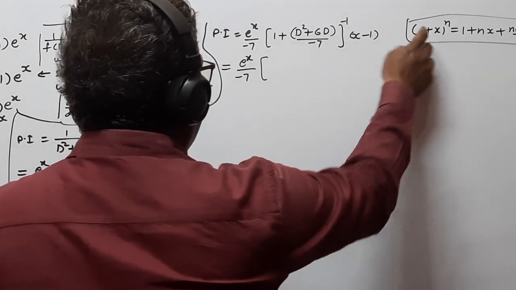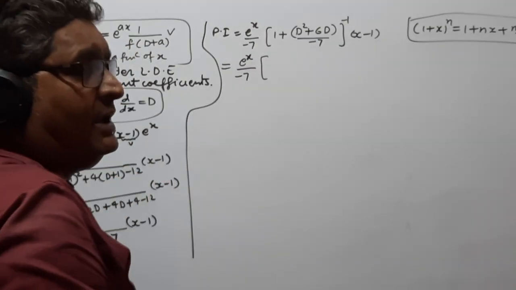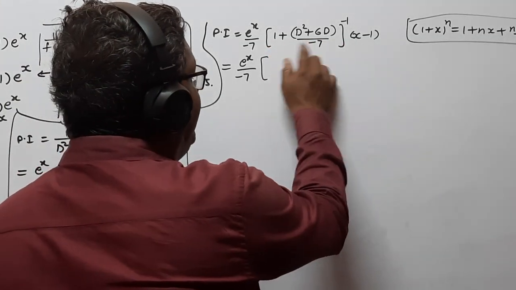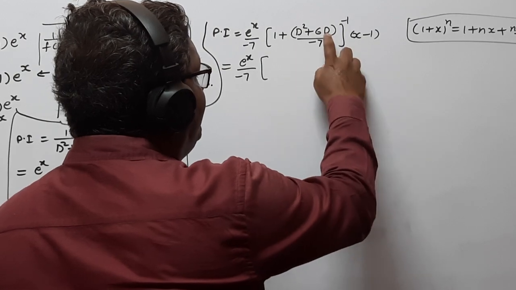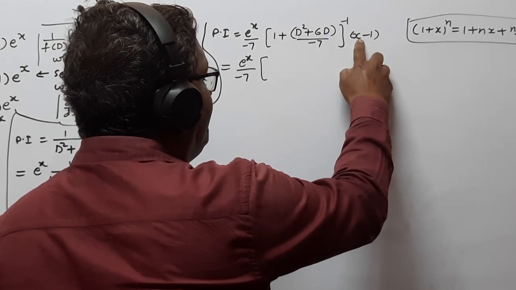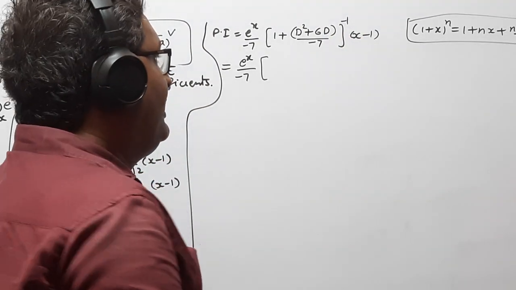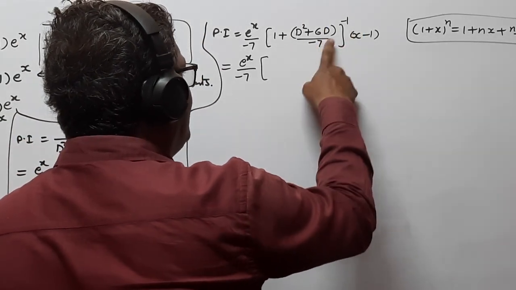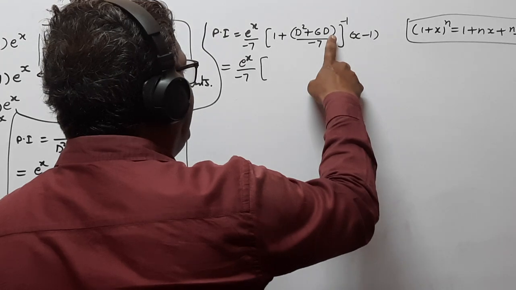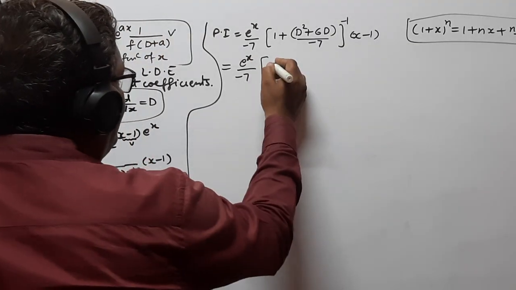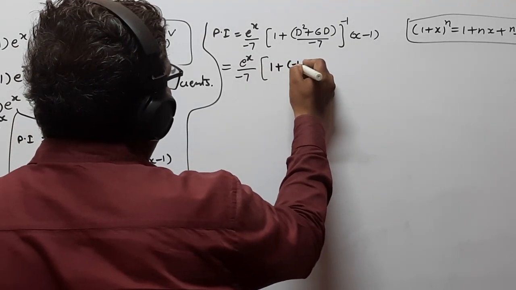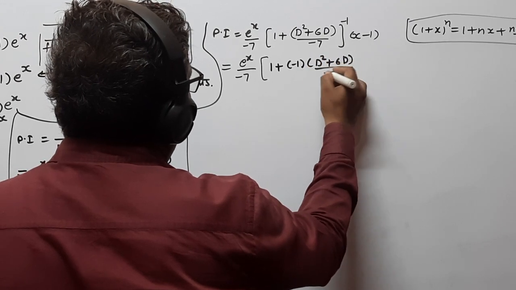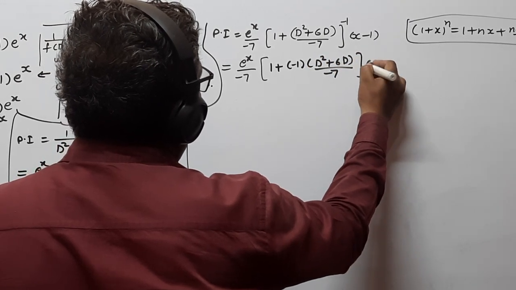So from this expansion we expand this, and you know that when we expand this, we always take those terms in which power of D and power of x are similar. Here the power of x is 1, so we take only those terms in which power of D is 1. So 1 plus nx, n is minus 1 and x is (D square plus 6D) divided by minus 7.